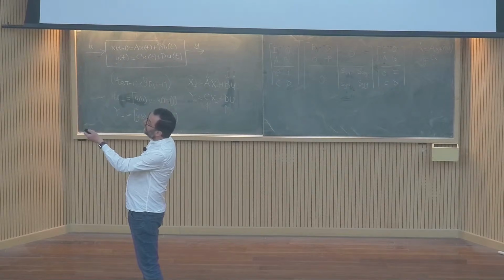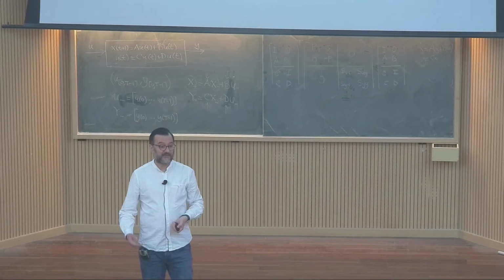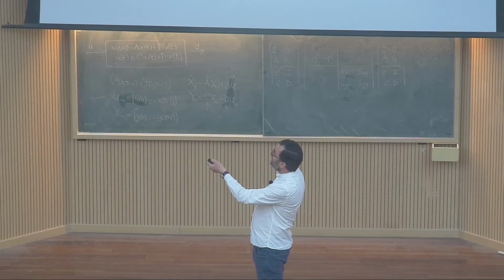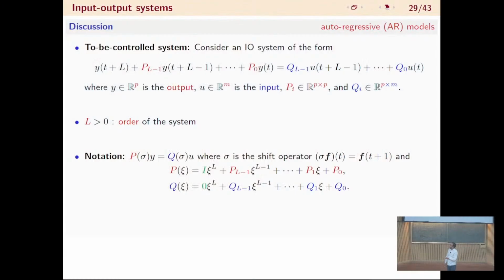And instead of carrying these P and Q matrices with me all the time, and writing this expression again and again, I'm going to use this shorthand notation. P of sigma y is equal to Q of sigma u, and sigma is the shift operator, and P and Q are polynomials.